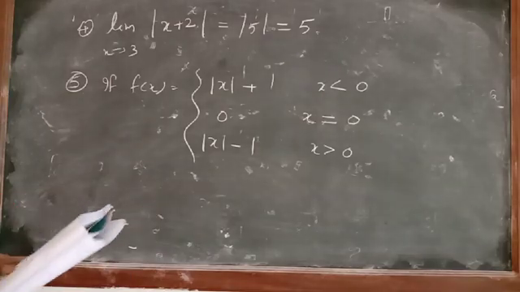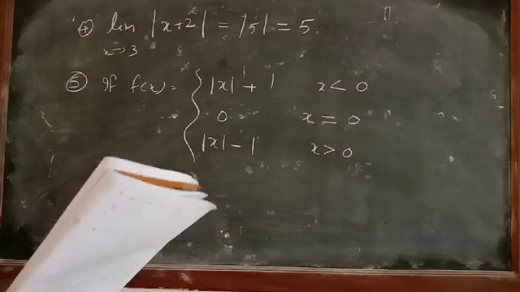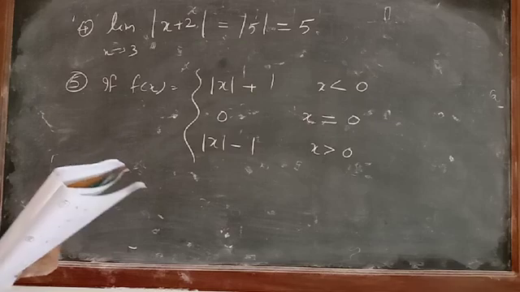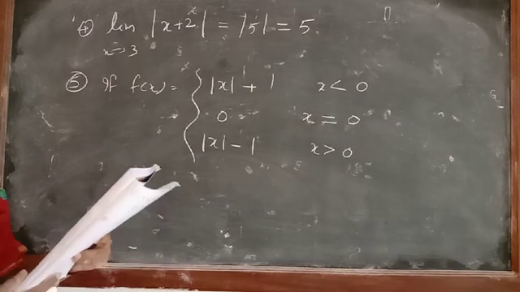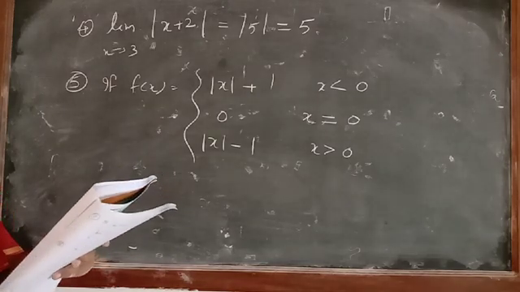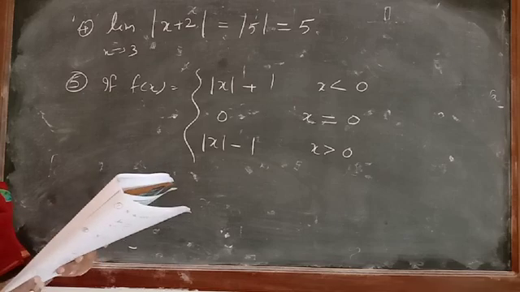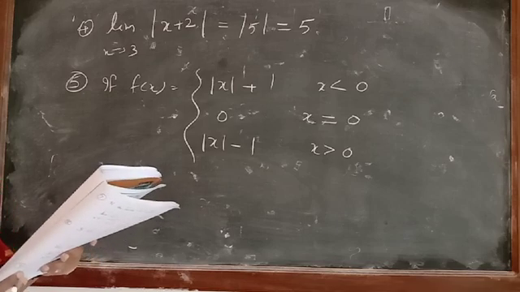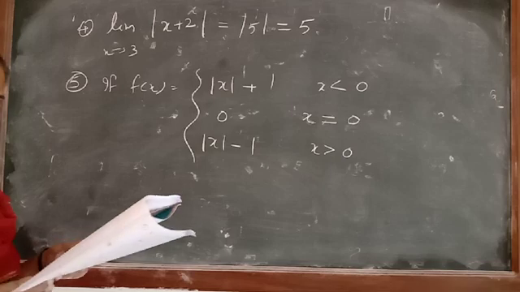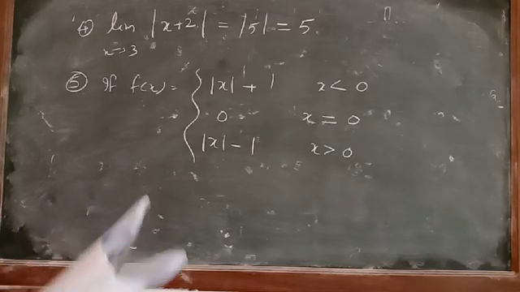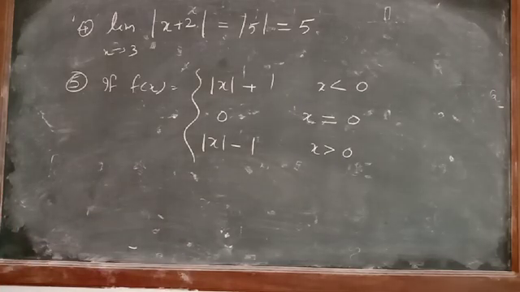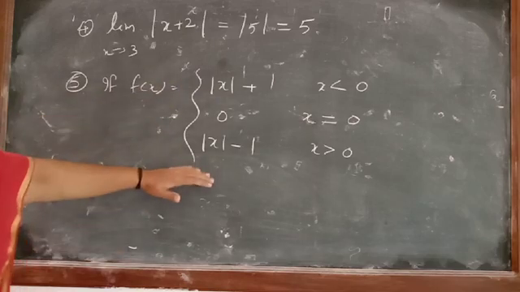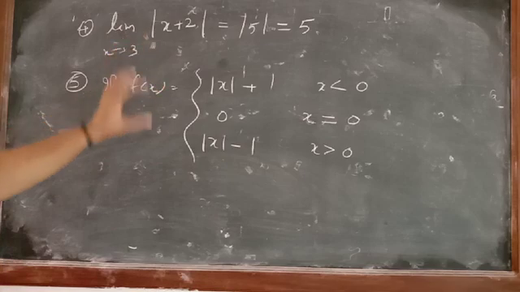The question is, for what value of a does limit x tends to a of f of x exist? Write it down there. Now here we have to check for what value of a the limit x tends to a of f of x exists. The condition is given in this way only, so again we can change this condition.